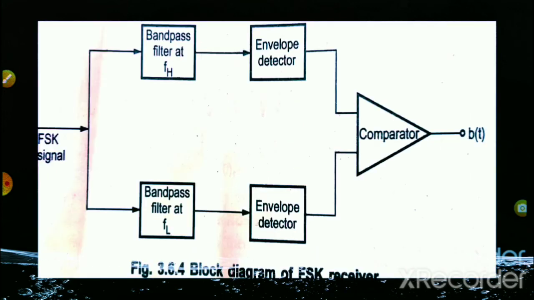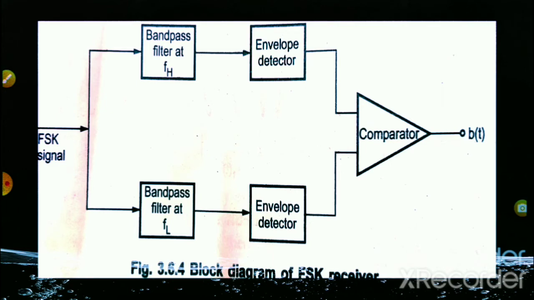Next one, non-coherent FSK receiver. The figure shows the block diagram of the FSK receiver. The receiver consists of two bandpass filters, one centered at FH and another with the frequency FL. Since FH minus FL equals 2FB, the outputs of the filters do not overlap.